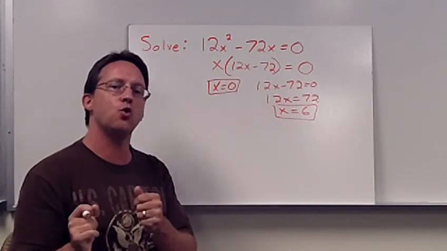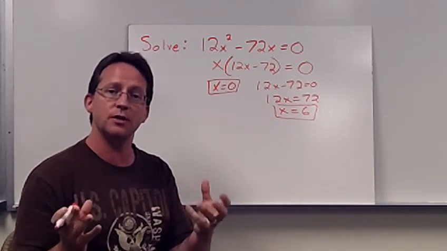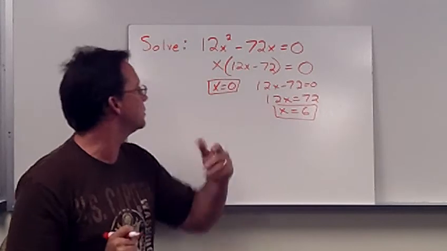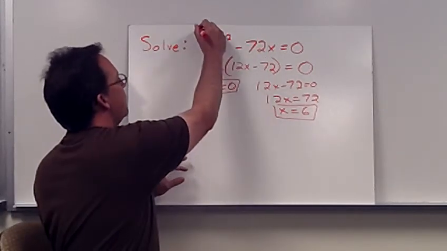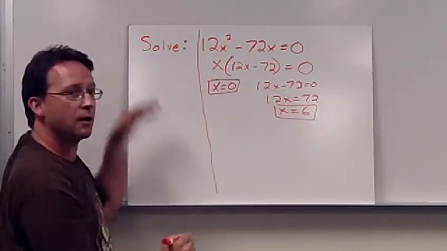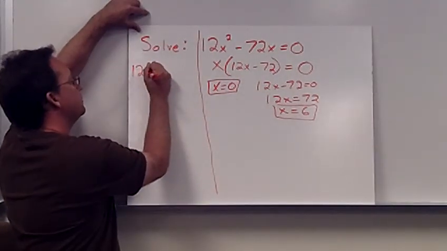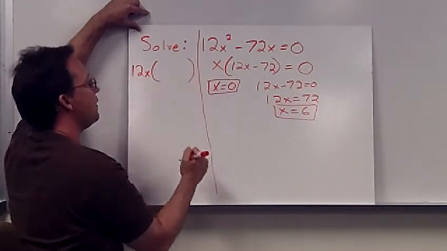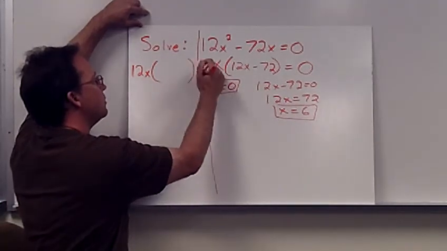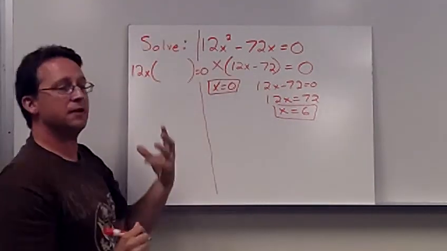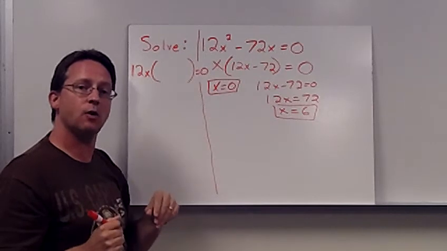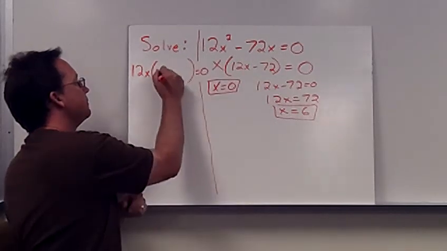What would probably be quicker and easier is if you notice that a 12 will go into both of those. So instead of factoring it that way, over here, I'm going to take out not only the x, but also a 12. I'm going to take out the common factor of 12x. If I take 12x out of 12x squared, I've just got an x left.